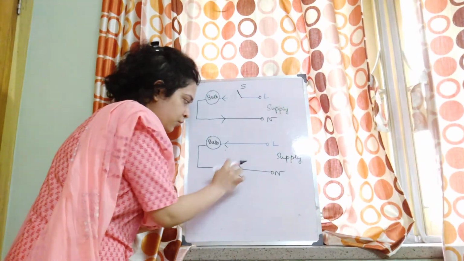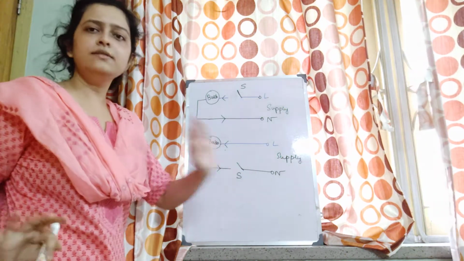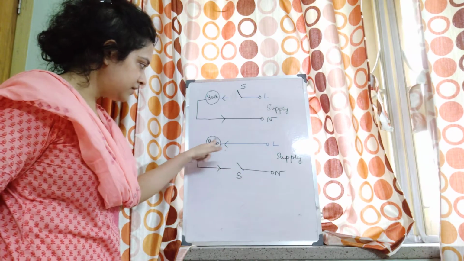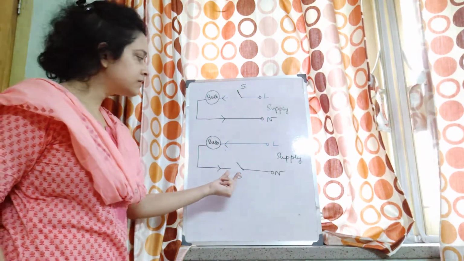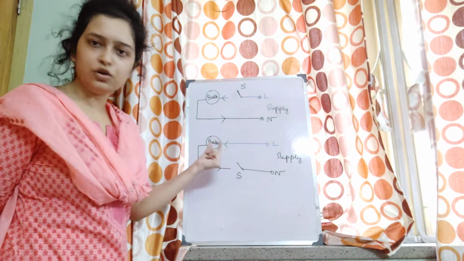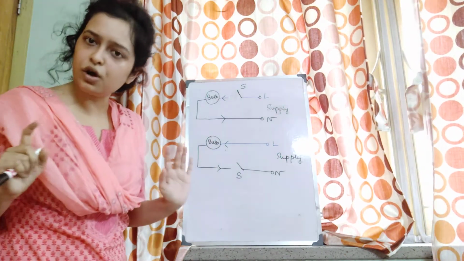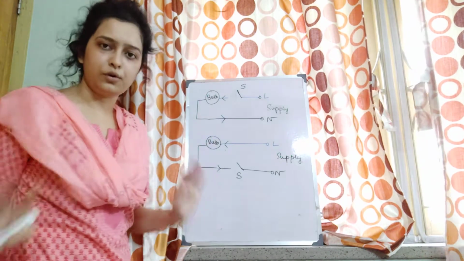But when the switch is off, the path is incomplete, so the bulb will not glow. So the switch is serving its purpose.